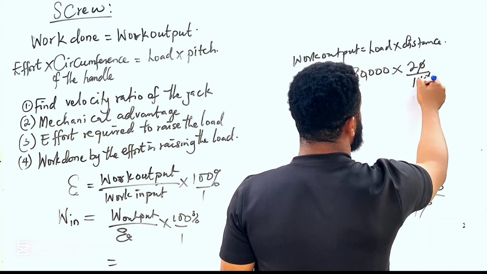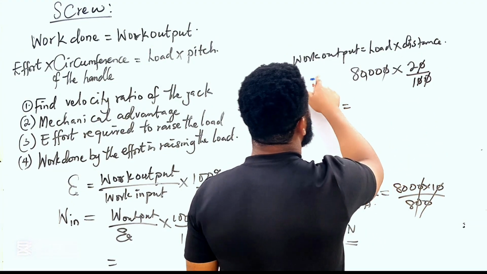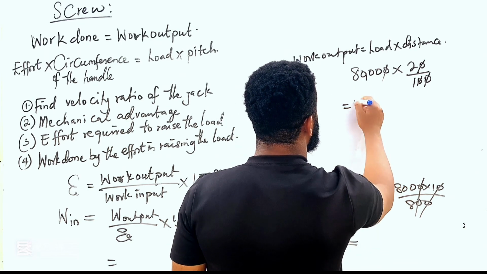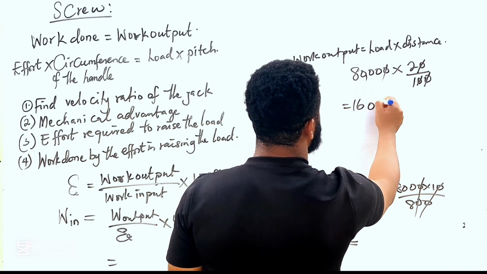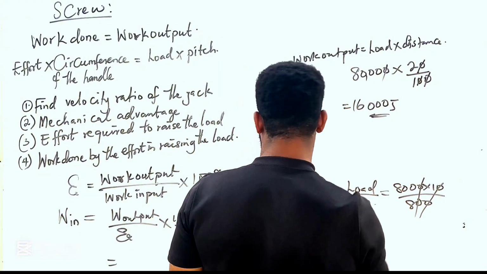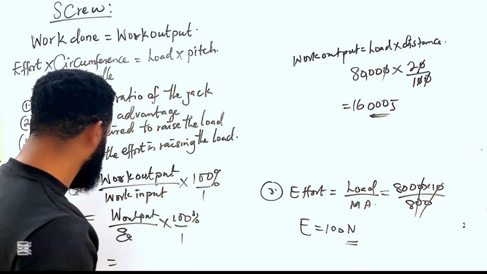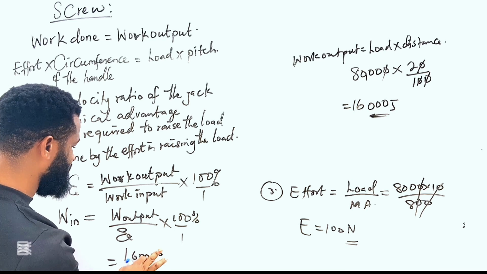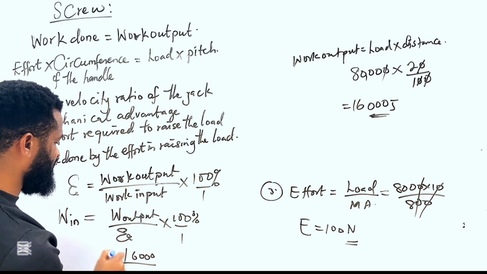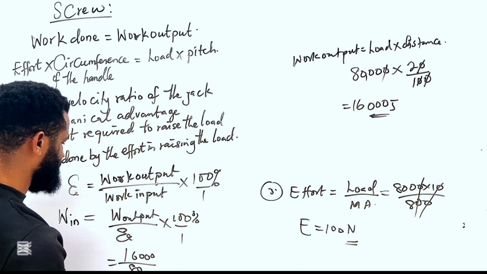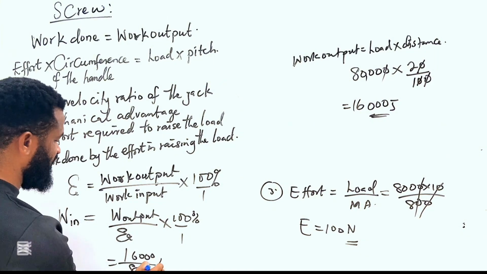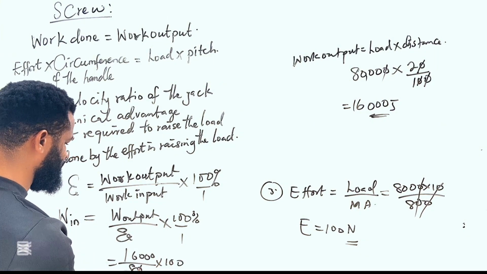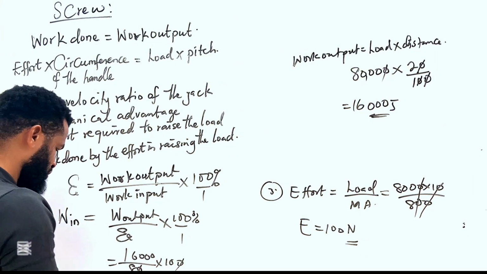When I cancel this and do some simplification, 2 times 8 is going to be 16, so that is 16,000 joules. That is going to be the work output. So let's go back to where I'm putting it. Work input is going to be 16,000 divided by the efficiency, which is already given as 80, times 100.